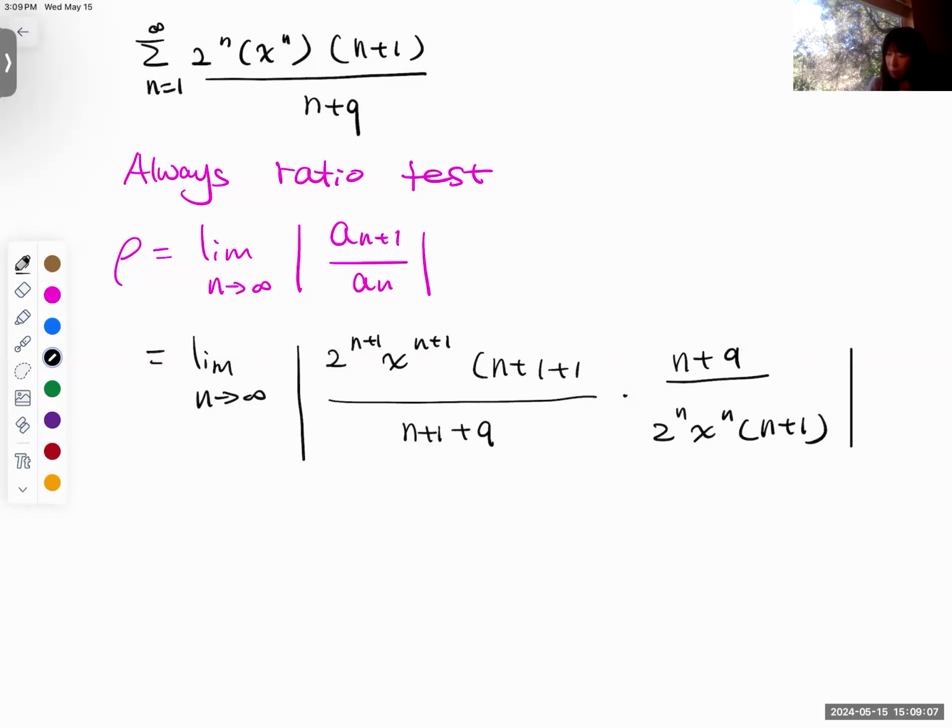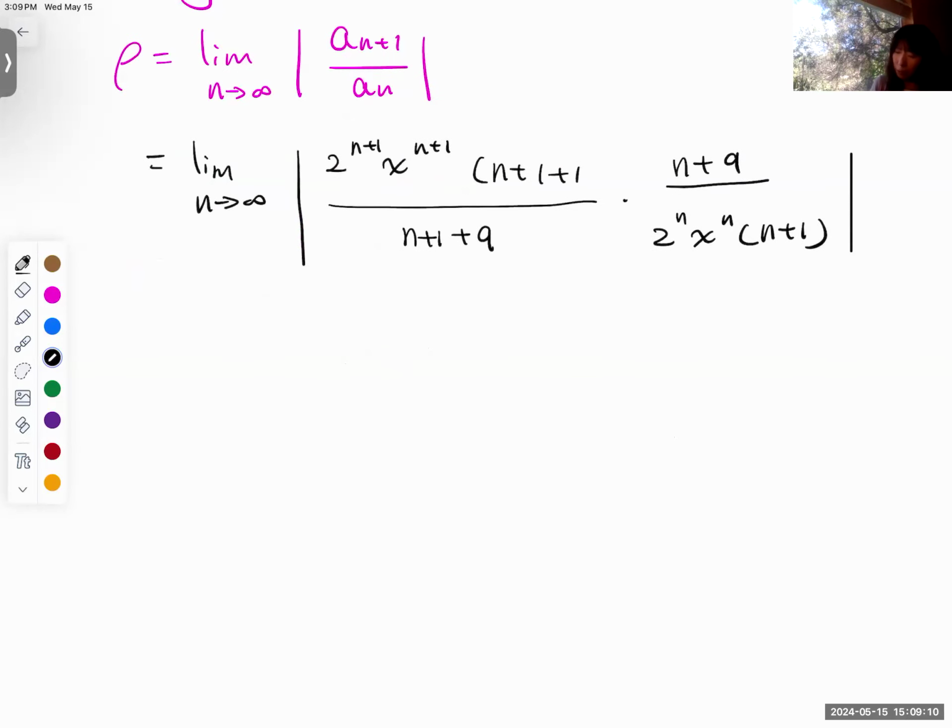Okay, let's find out what we can simplify. So 2 to the n, well, 1 is there, and x to the n, 1 is there.